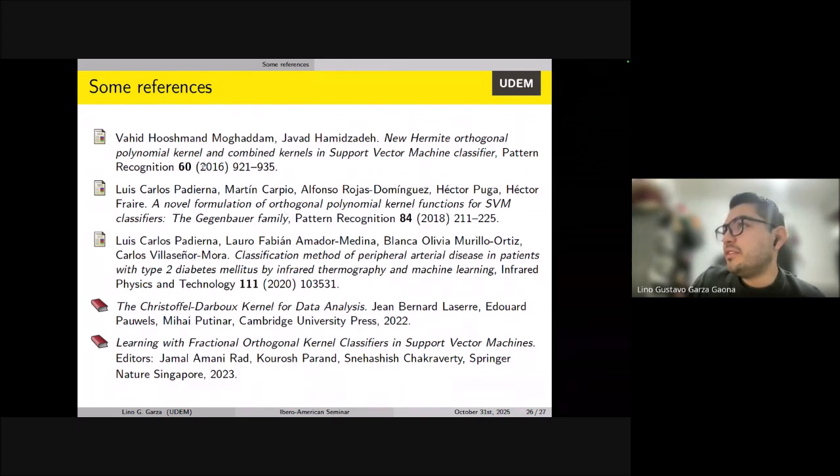Here are some references. This paper from Padierna is where he introduces the Bauer family for constructing the kernel.